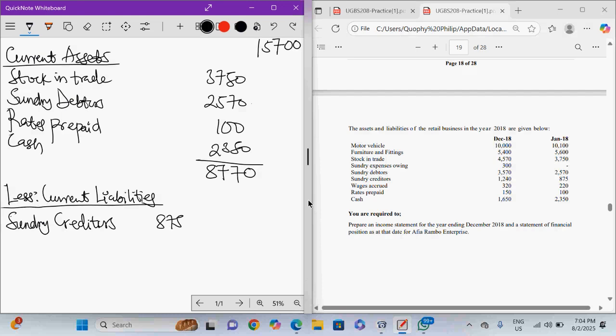Accrued means owings. So wages owings is 220. What else? That's all.